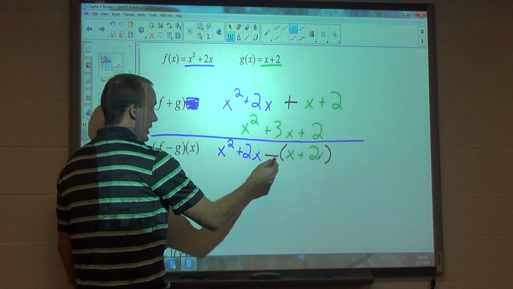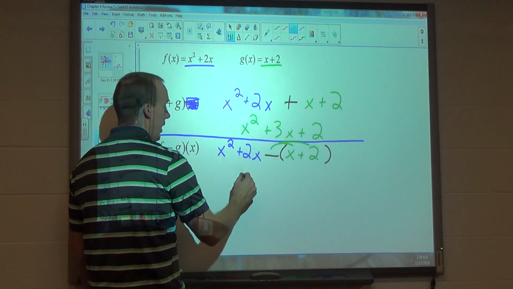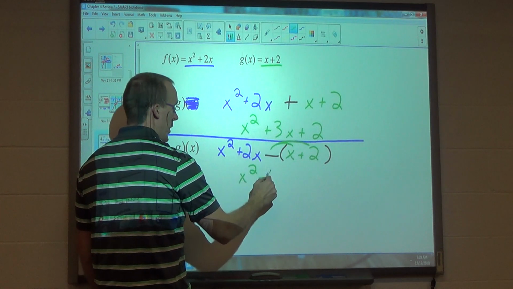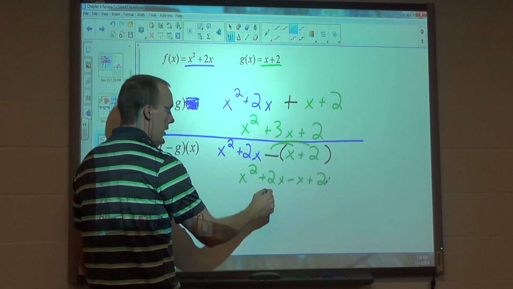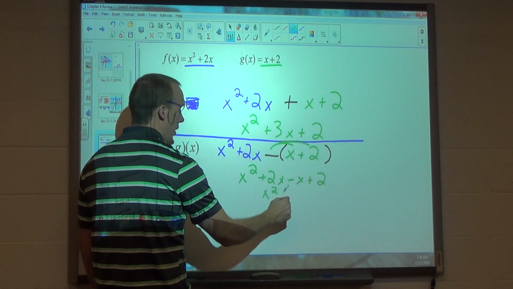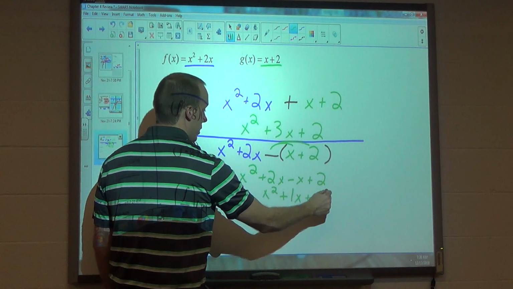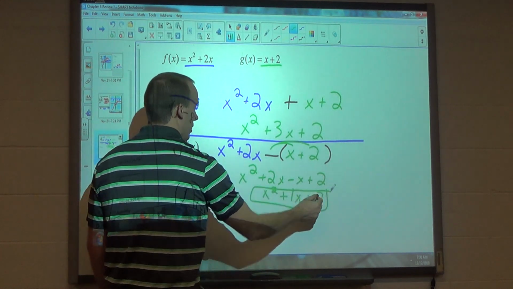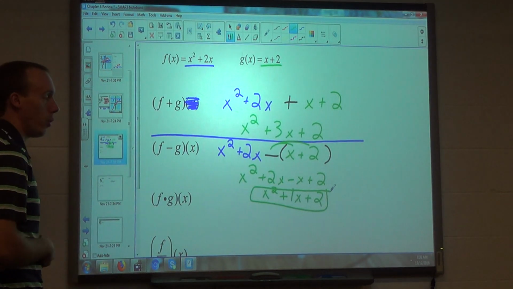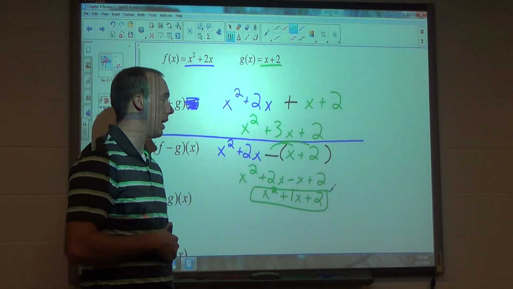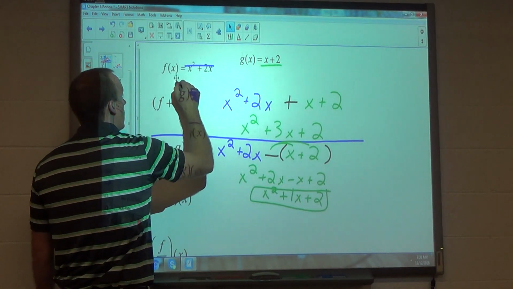So if I distribute, my final answer here would be x squared plus 2x minus x minus 2. Combining like terms, I would get x squared plus x, and then minus 2. The only thing you have to remember on the test, maybe put a note when you're studying, is don't forget to put parentheses around this negative here. We'll keep rolling here.